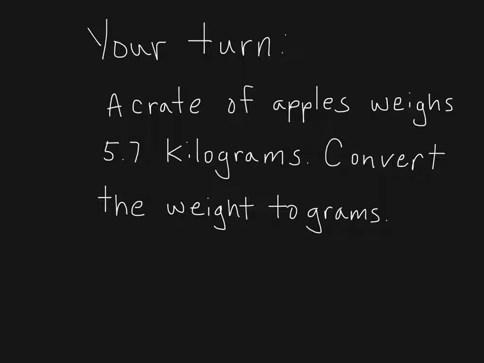So the first thing we're going to do is write it as an equation. 5.7 kg equals blank g. And once again, that kilo means 1,000. The kilo in kilograms means 1,000. That means there are 1,000 grams in a kilogram.